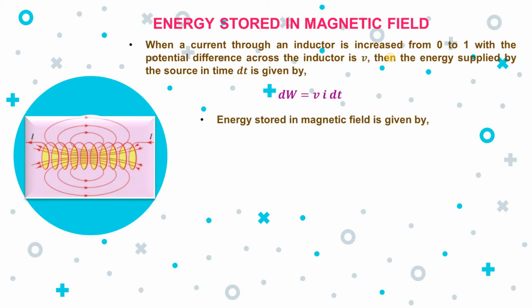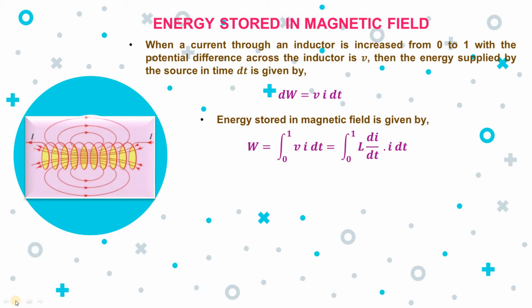So the energy stored in the magnetic field is given by, now what we need to do is find W by integrating with respect to some limits. Let us assume the limits are between 0 and I. Therefore W equals the integral from 0 to I of VI dt. Now, we know very well what V is.